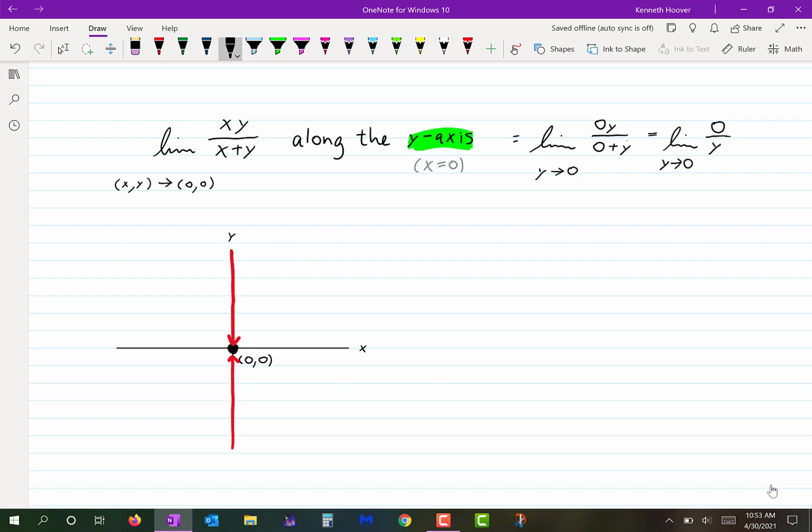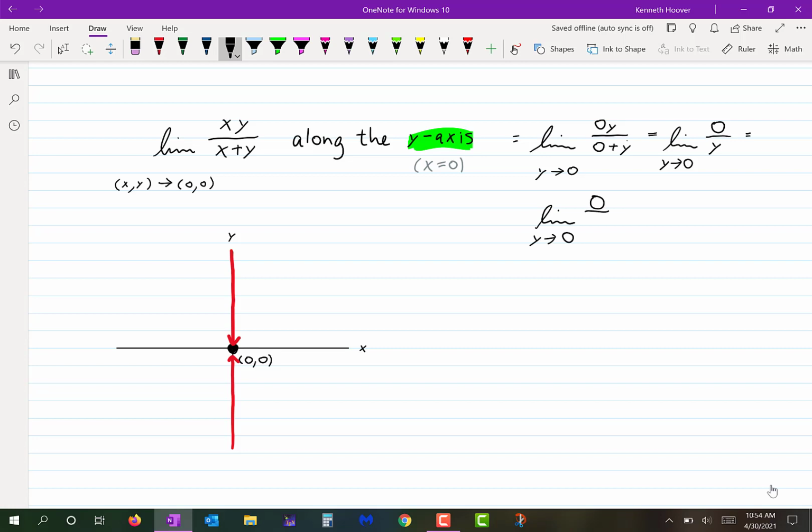Okay, that is an indeterminate form, isn't it? Isn't that type 0 over 0? So what would you do? You should use L'Hopital's rule. The derivative of 0 is what? 0.